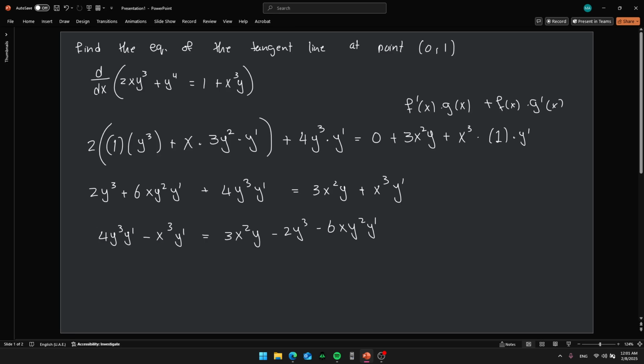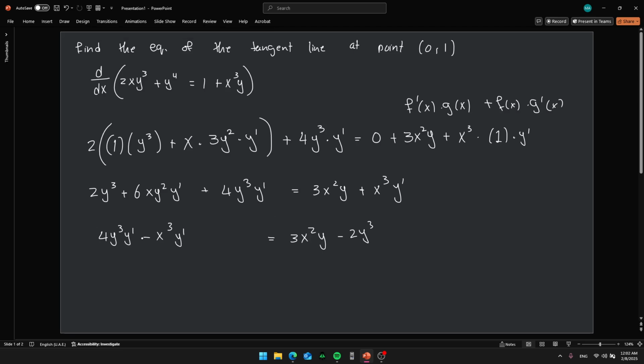Then notice that these two terms have y prime in them. So let's take it as a common factor. So I'm left with 4y cubed minus x cubed equal 3x squared y minus 2y cubed minus 6xy squared. Sorry. This guy has a y prime, so we don't have to move it. Sorry, I'm sleepy.